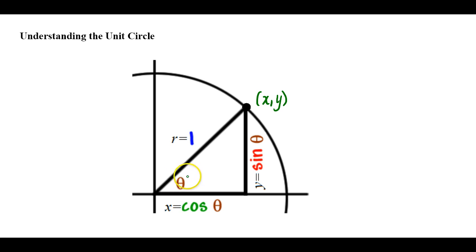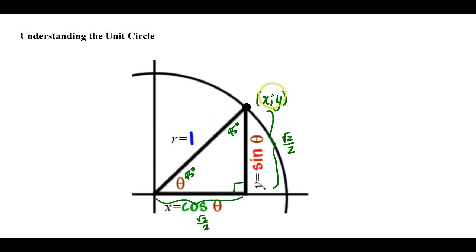So just as a quick example, we're going to use those special right triangles that we took a look at in the previous section. So let's say this is a right triangle, and it is a 45, 45, 90 right triangle. So if each of these is 45, then I want to find each of these side lengths. So that would mean this side length here would have to be radical 2 over 2, and this length down here would also have to be radical 2 over 2 if this radius is 1.